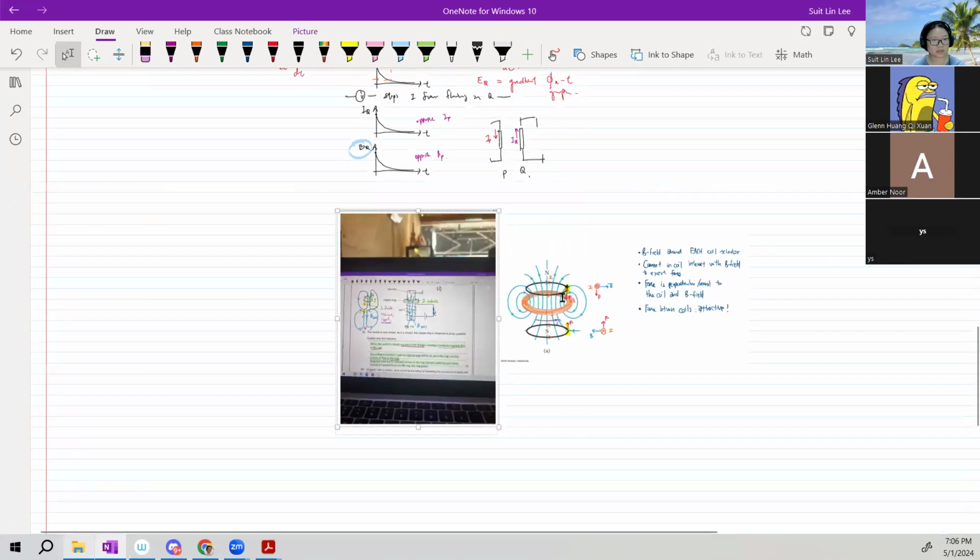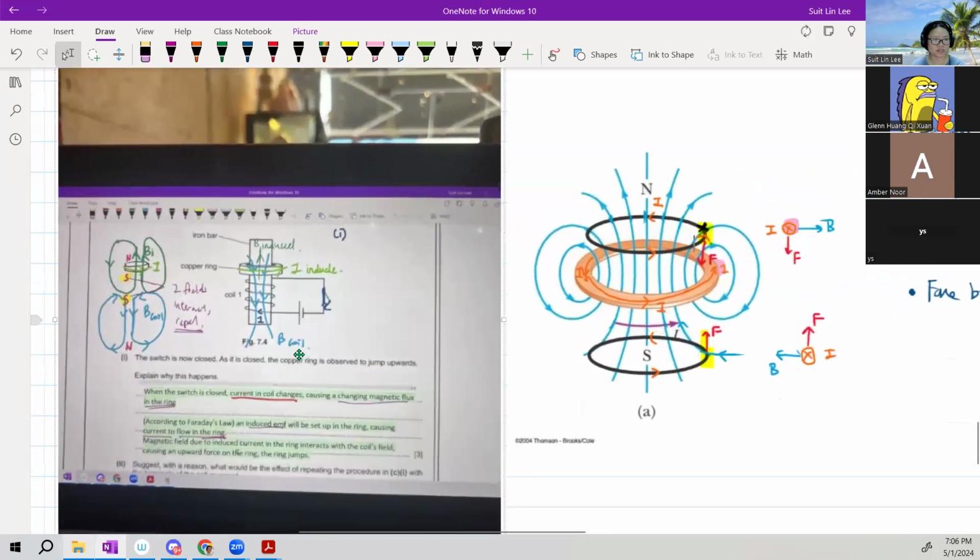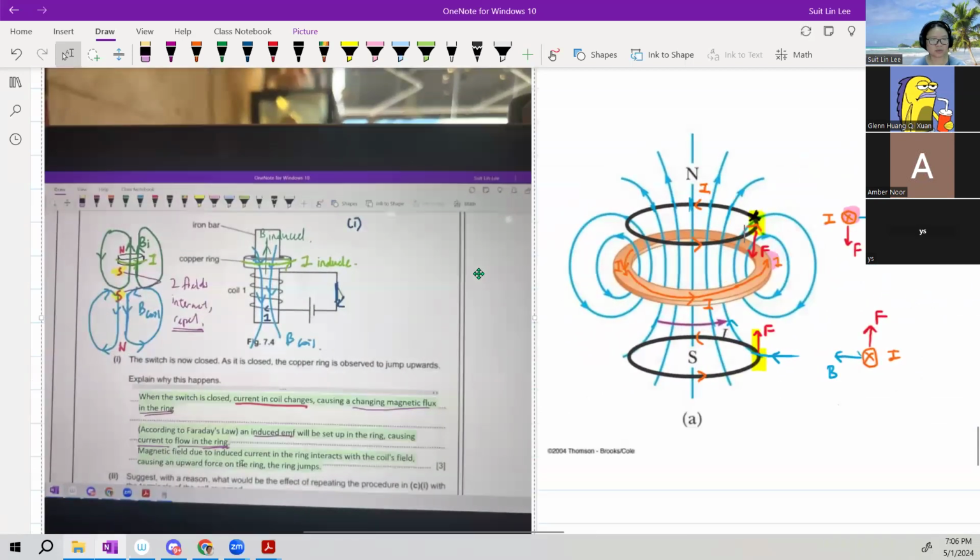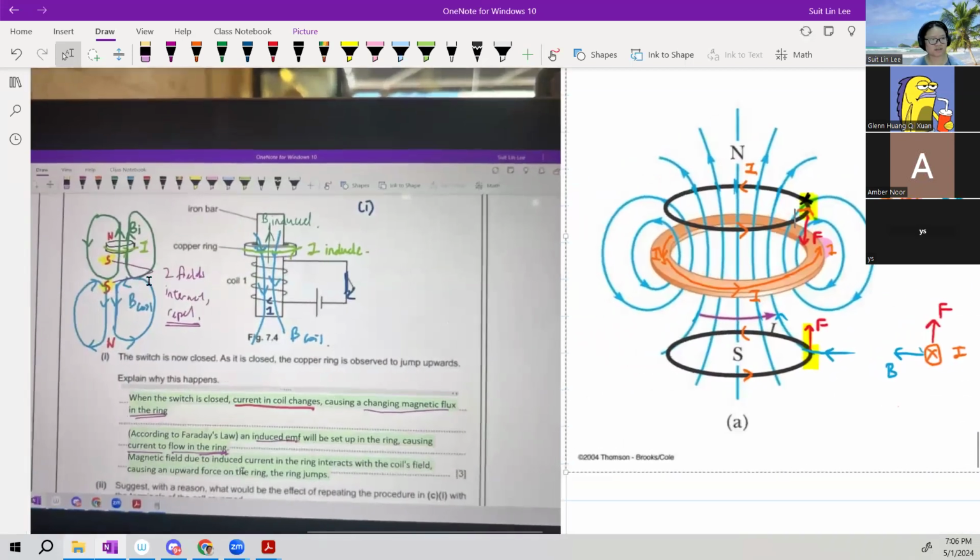So similarly, for this question, if you want to use your left hand, you have to actually use this point. And to be honest, I don't want to use the fingers. I just use my lens. The ring doesn't like that the flux is changing, so the ring will try to get away.